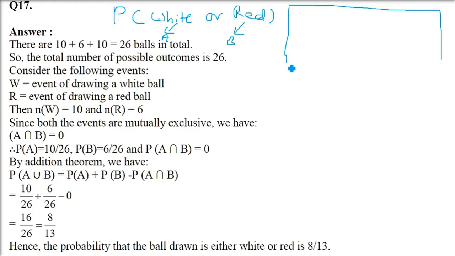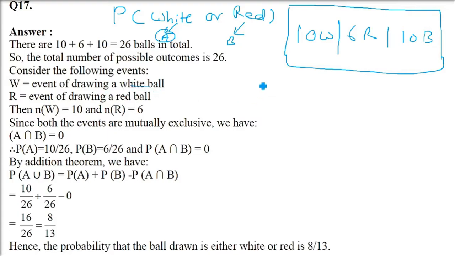So just make a box and put 10 whites, 6 red, and 10 black balls. A ball is drawn. First of all, we need the denominator for probability, that is the total number of cases.